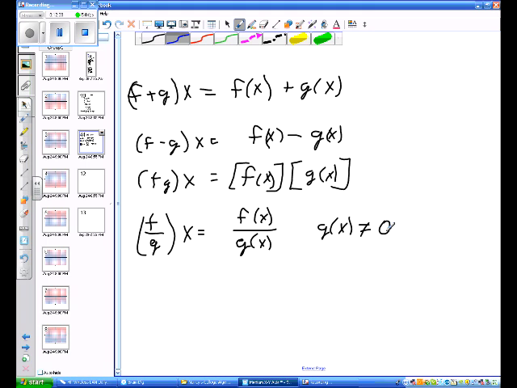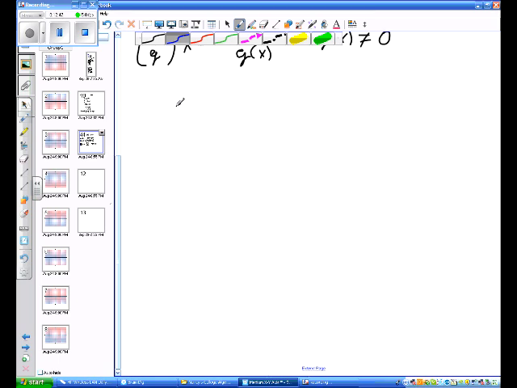We're simply going to be adding our functions together, subtracting them, multiplying, and dividing them. So if we start out with the functions that f of x is equal to x minus 5, and g of x is equal to x squared minus 1.